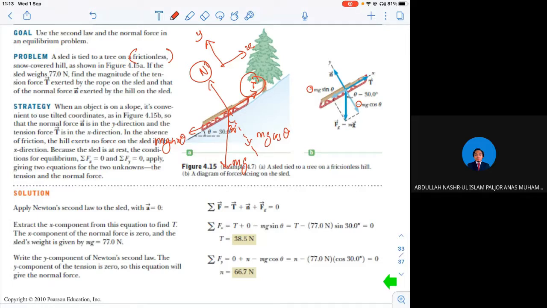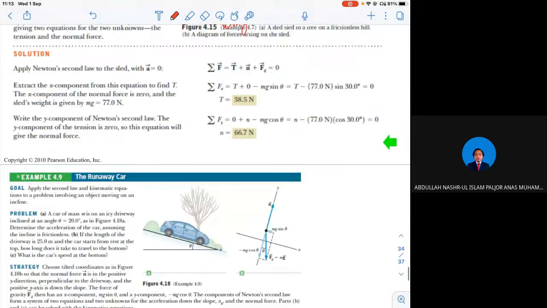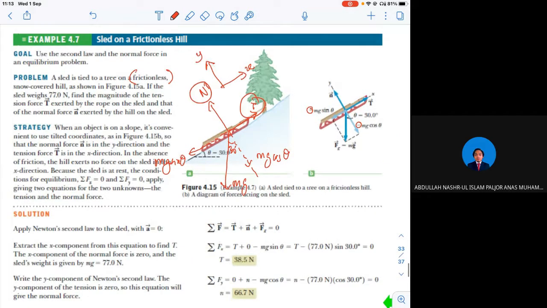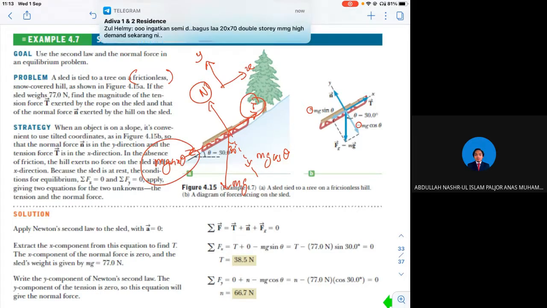When we're dealing with T, let's look at T first. Now we have T on the x-axis, and we have mg sin theta. So how do we write it down?